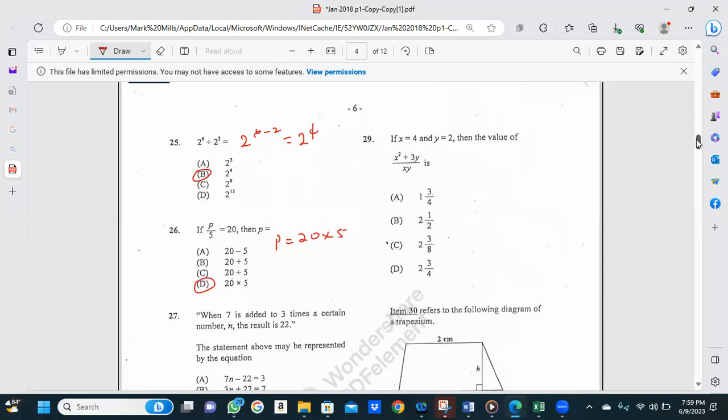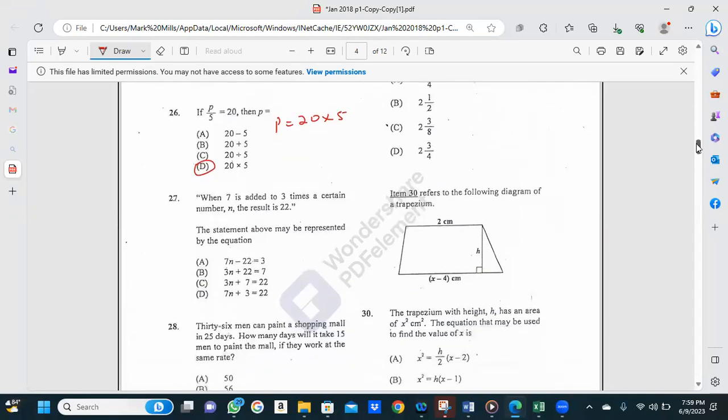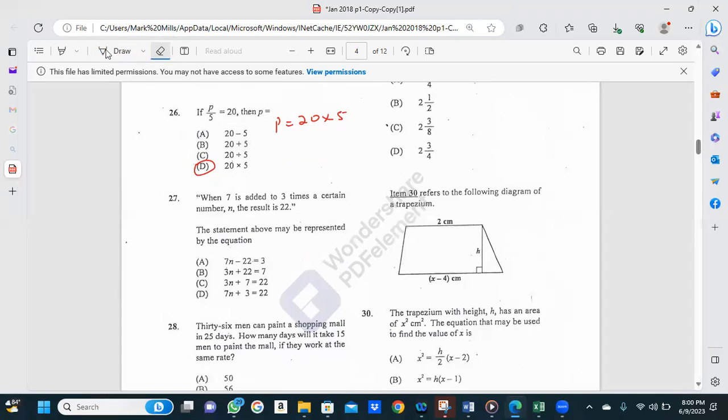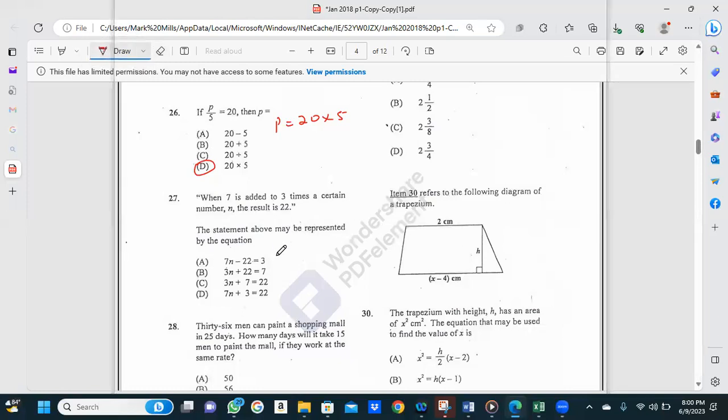All right. We are at number 27. When 7 is added to 3 times a certain number, the result is 22. So they say when 7 is added to 3 times a certain number, so that means 3 times n, right?